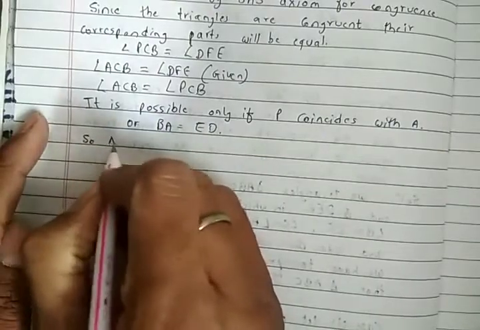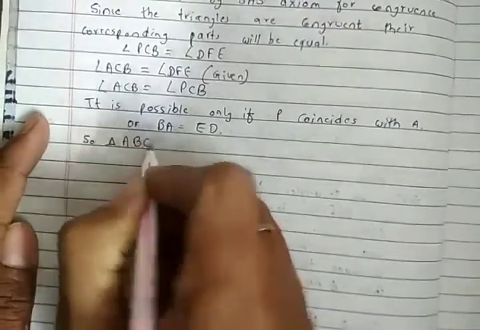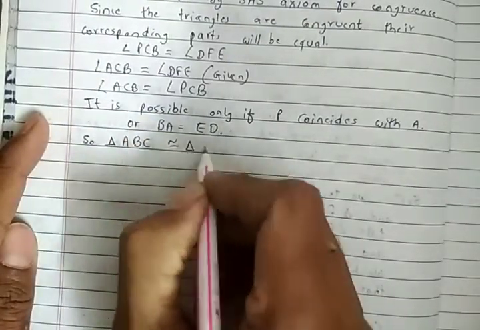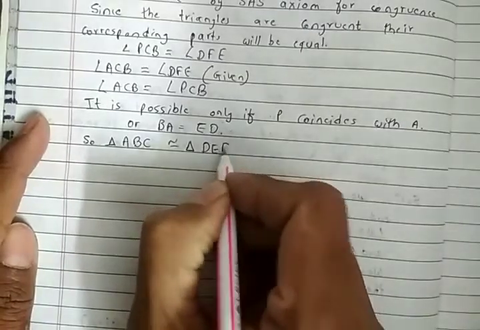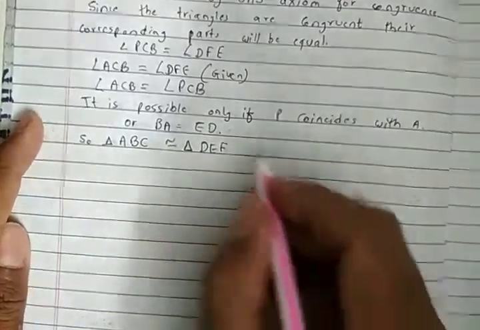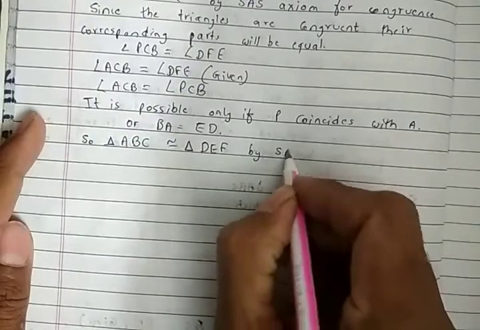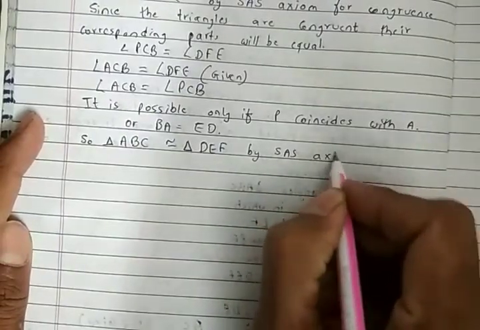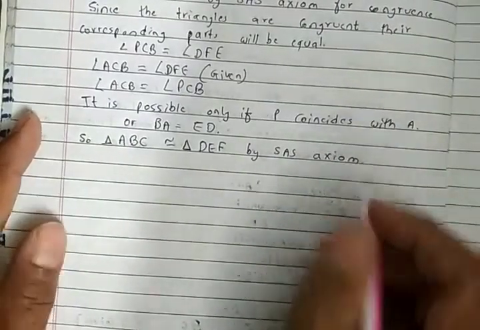So we can say that triangle ABC is congruent to triangle DEF by side angle side axiom. This was case number 2.